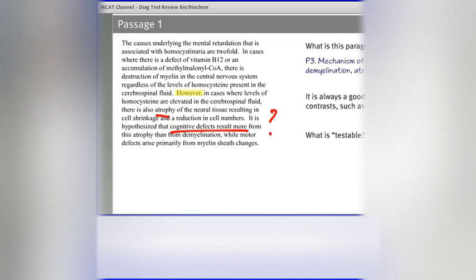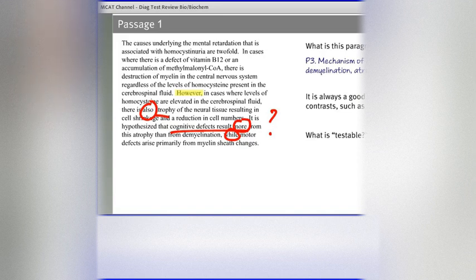Anytime you see information that's asking you about a correlation, and somewhere in that paragraph it says more, or while, or also, it's giving you a connection or a comparison between a system that we think might be the most important system, immediately think future question.